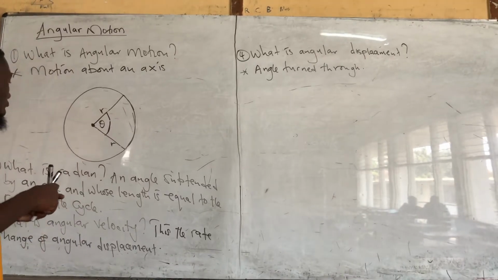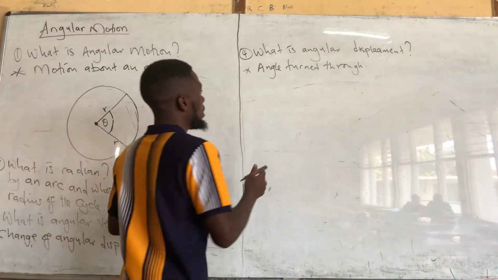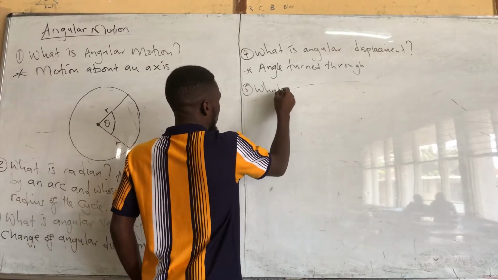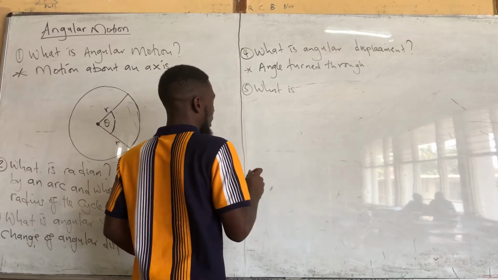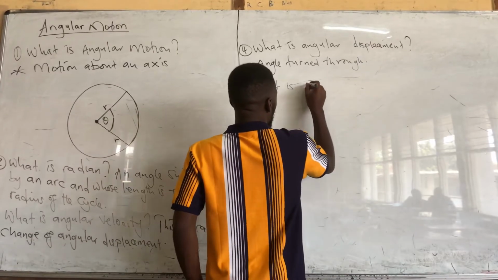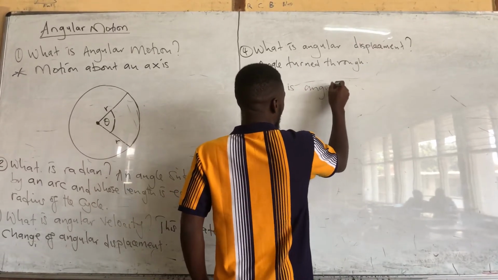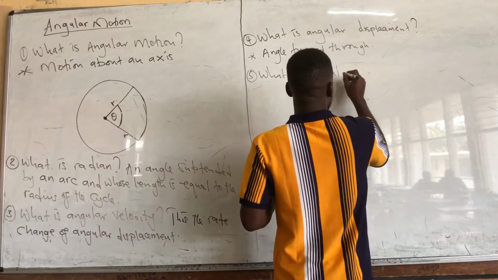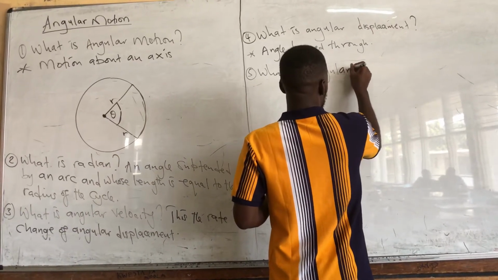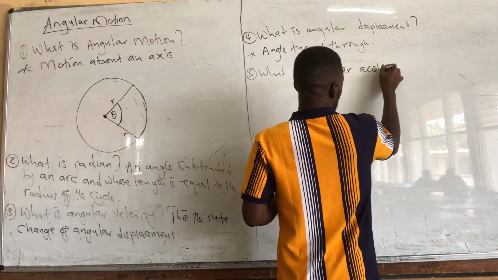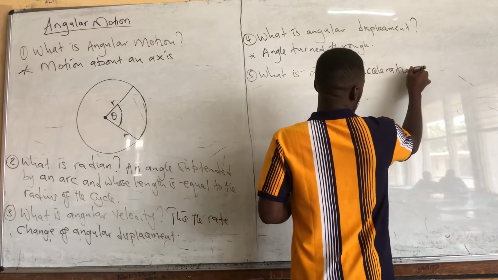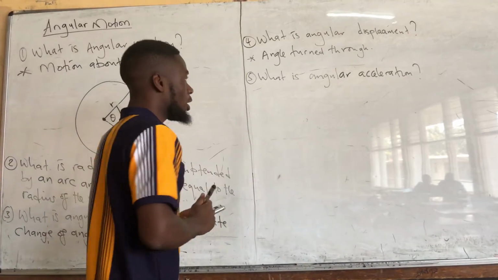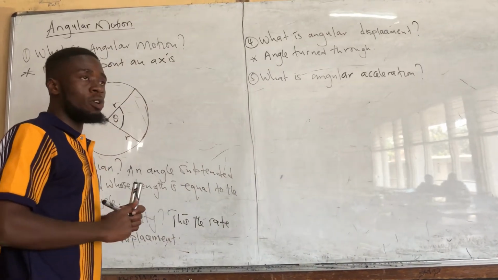Okay, so what is the next question? So what is number 5? What is angular acceleration? Okay. So what is angular acceleration? Because we know that the linear acceleration is just the rate change of velocity.